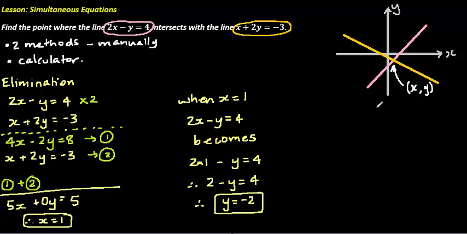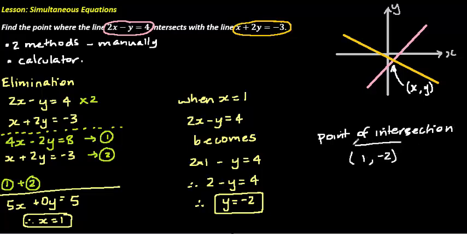So if x is 1 and y is negative 2, then the point of intersection will be at 1 and negative 2. And there's my answer to this system of simultaneous equations using the elimination method.